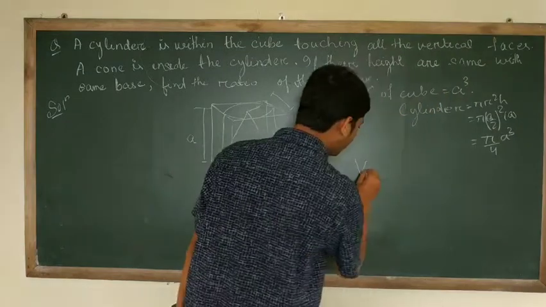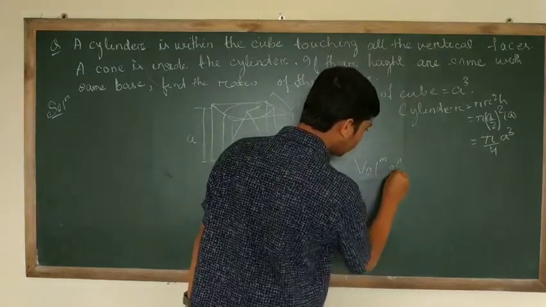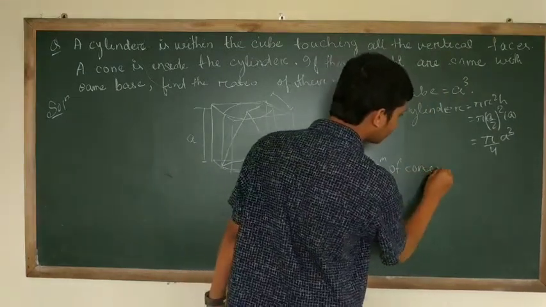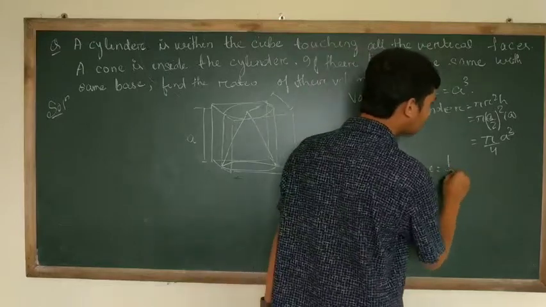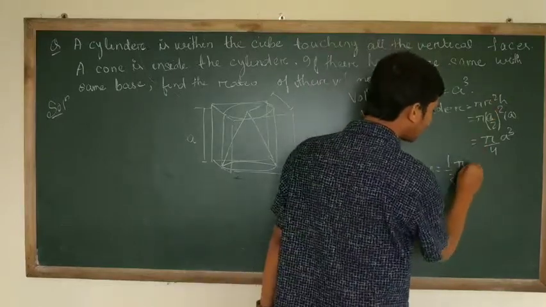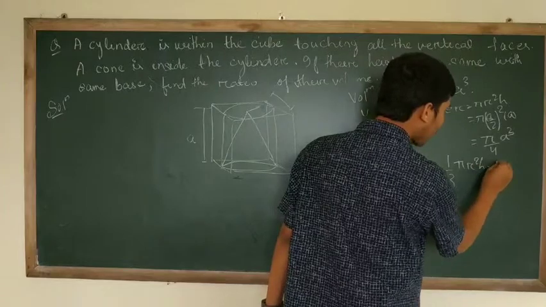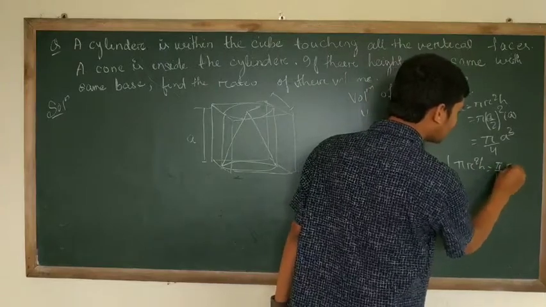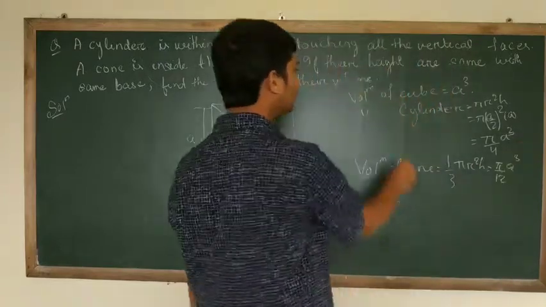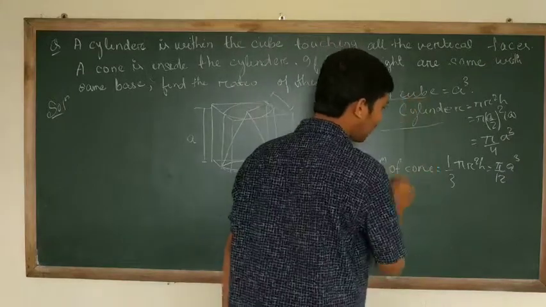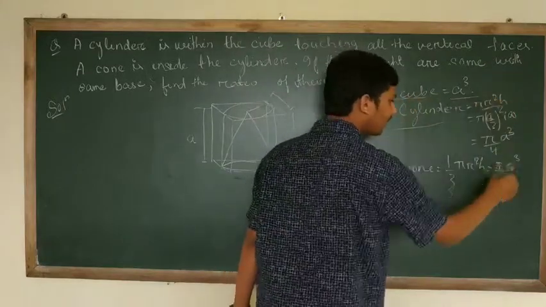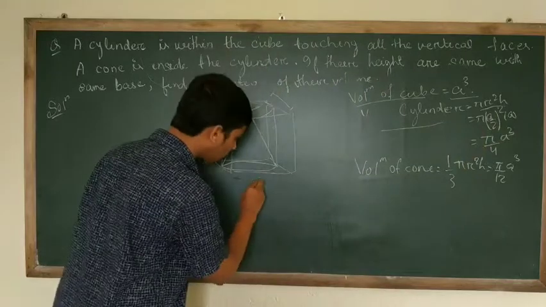Similarly, volume of cone will be how much? It is going to be also 1/3 into pi r square h, which is going to be pi by 12 a cube.